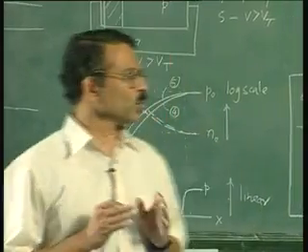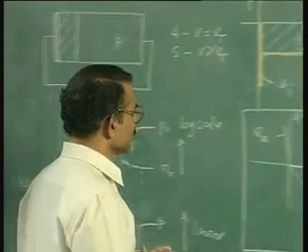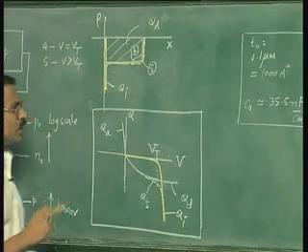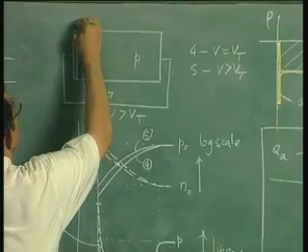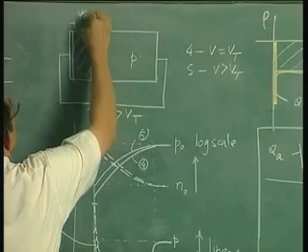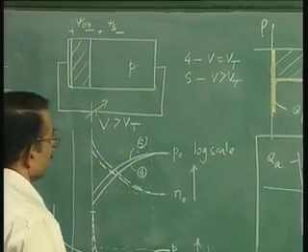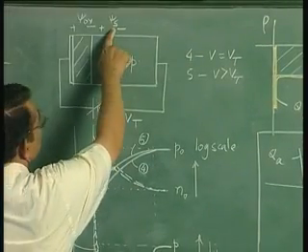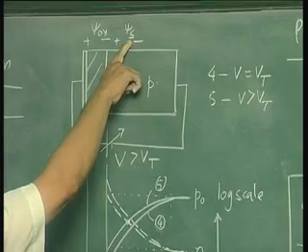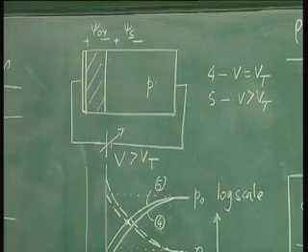Now here, to complete the explanation, let us see what happens to the potential drop in silicon, because we said the applied voltage drops across silicon and oxide. At threshold we have seen that psi s is equal to phi t, that is about 0.7 volts. Now what happens beyond threshold?